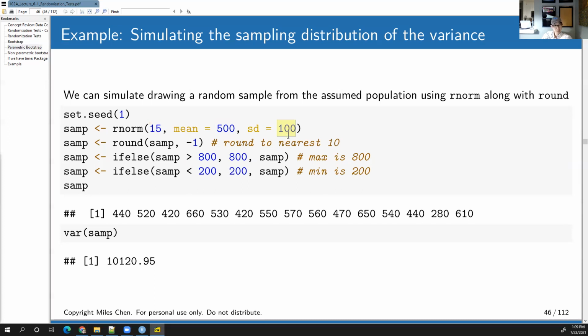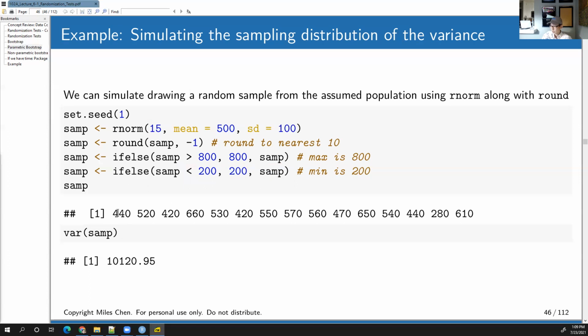To make them SAT scores, we have to round them to the nearest 10, so we round to the -1 place. If we get any values over 800, replace them with 800, otherwise keep the sample value. If we get any values less than 200, replace them with 200, otherwise keep the sample values.